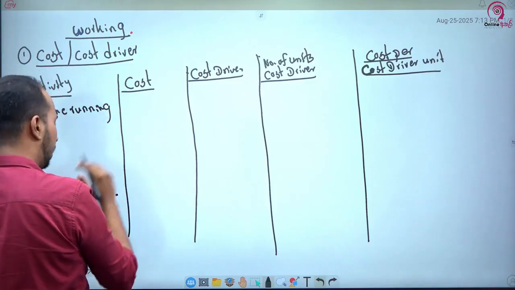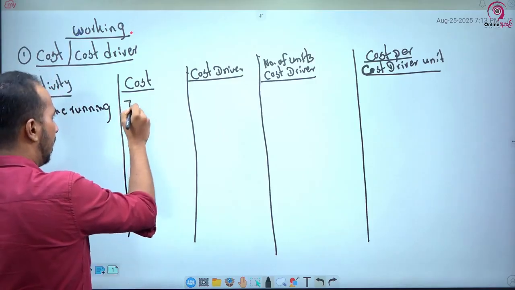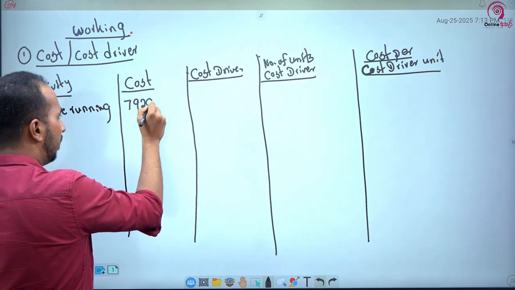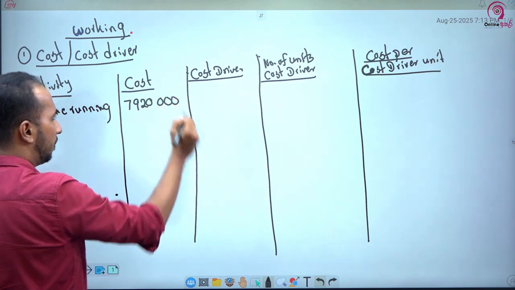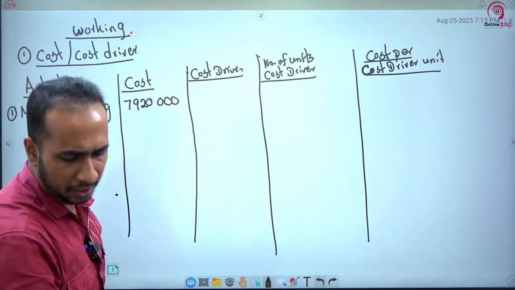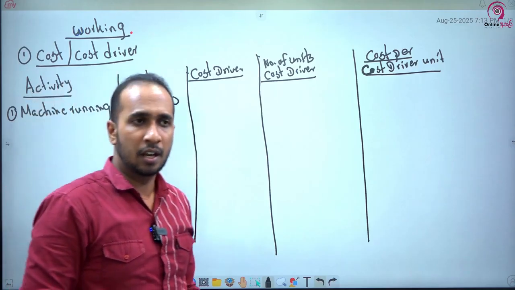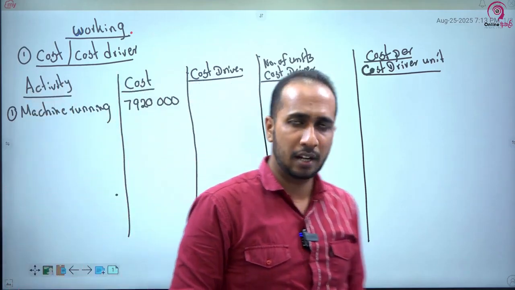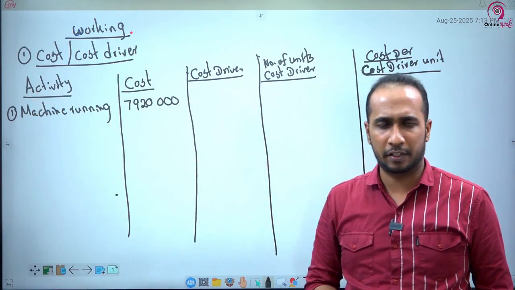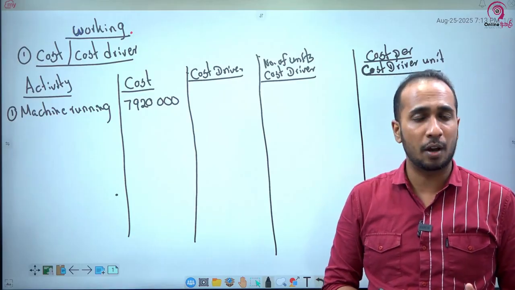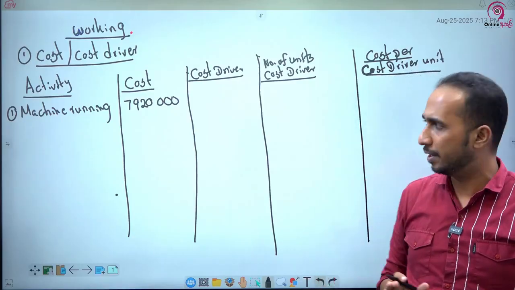I am not going to the question again; you can refer to it. So 7,920,000 is the cost that we have collected under this machine running activity. This is how we are operating under ABC.